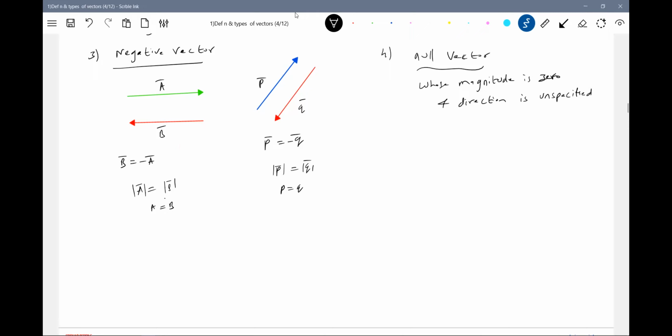What is the use of null vectors? Direction is unspecified or not defined. So what is the meaning of this? Something I think we should just analyze once before.